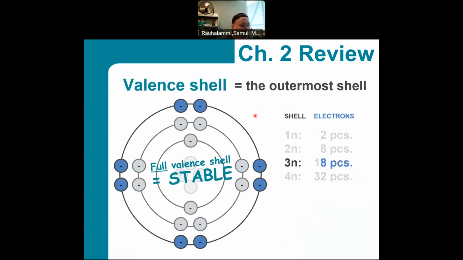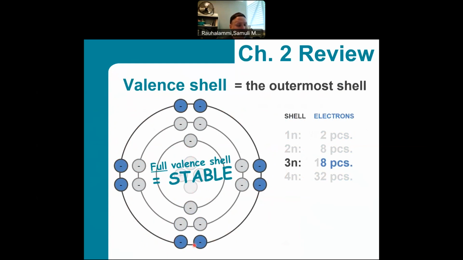The reason why we focus on the outermost shell, which is also known as the valence shell of an atom, is that this outermost shell really defines the properties, in terms of behavior in various chemical reactions, that that particular atom has. Because in order for the atom to interact with others, it's not these inner shells, it's the outermost shell that defines what happens.